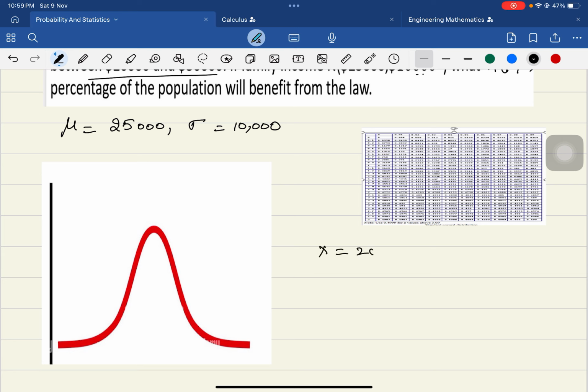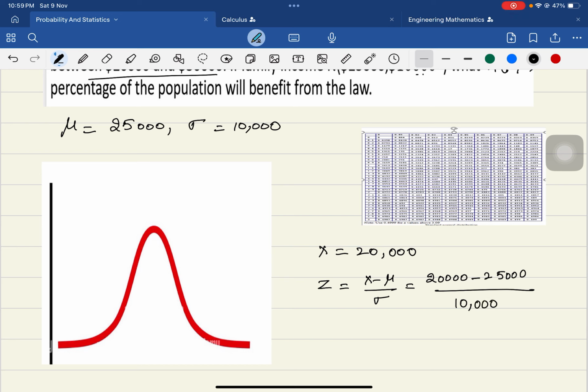Suppose x is 20,000, then find the standard normal variate. Z is equal to x minus mu over sigma. So that is 20,000 minus 25,000 over 10,000.